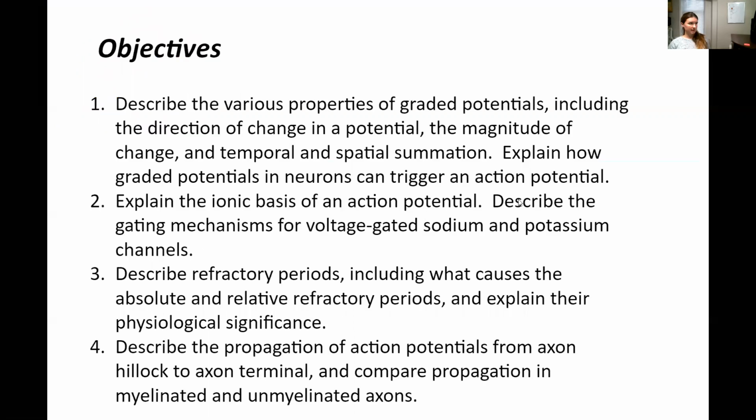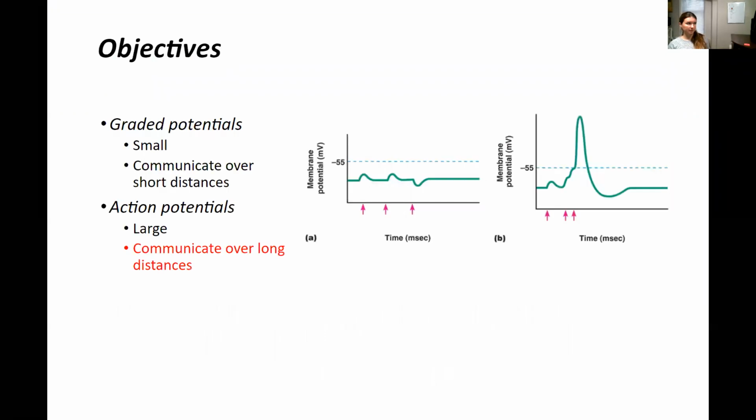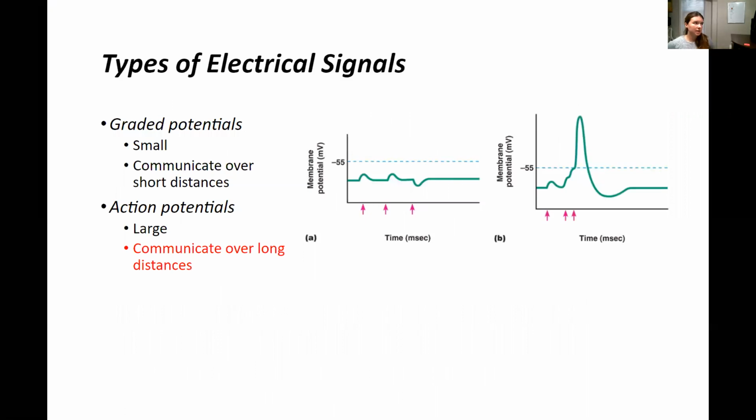So what we're doing today is talking about how we move from just thinking about the resting membrane potential to seeing changes in these charges that allow us to signal to other cells. So to do that, we have to start thinking about different types of electrical signals and what they do to the cell.